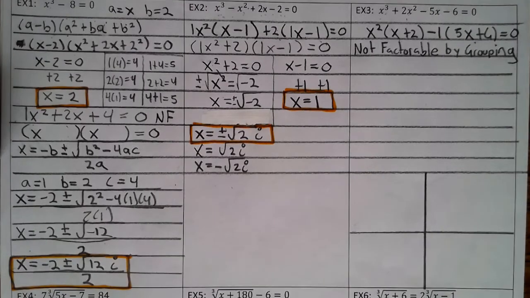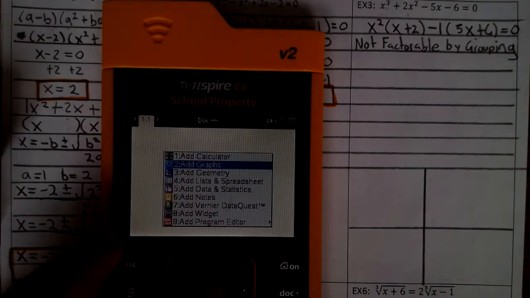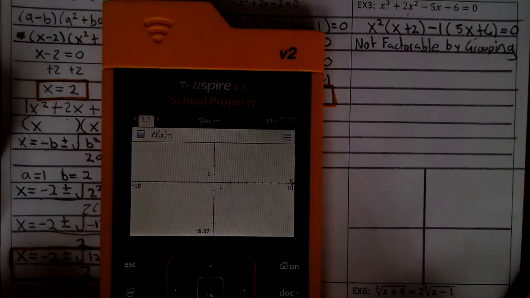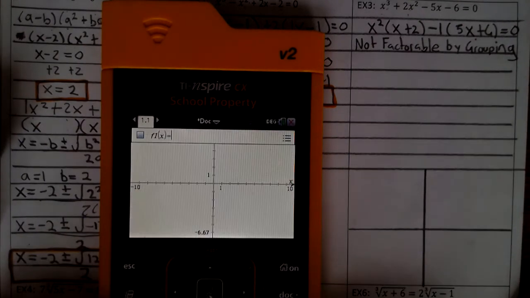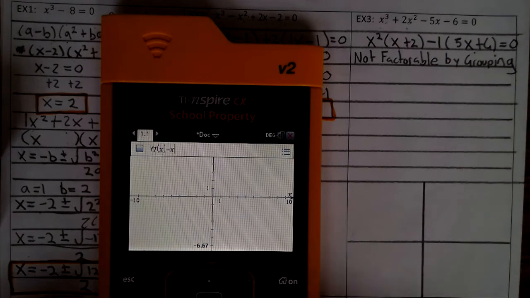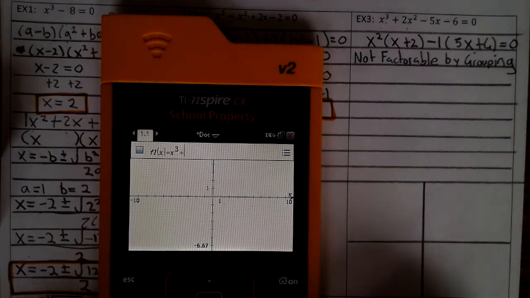All right, so we're going to go to New Document, Add Graph. I'm going to brighten the screen up a little bit. And then we're going to type that in. So x cubed plus 2x squared minus 5x minus 6, enter.